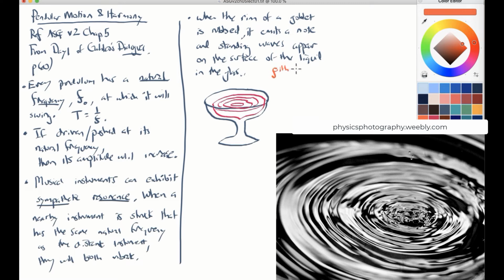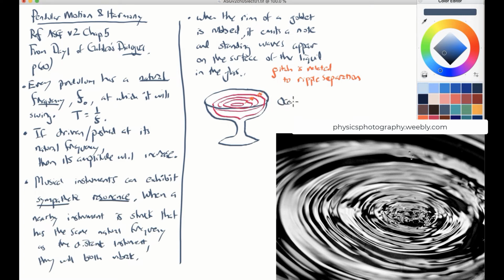The pitch is, oops, let me go back here. Misspelled that. The pitch is related to the ripple separation. Right, so if you think about the distance between two peaks of these ripples, that's a ripple separation. The pitch is related. And here's the thing that Galileo notes. He says occasionally as you're rubbing this, suddenly the pitch will jump up by an octave.